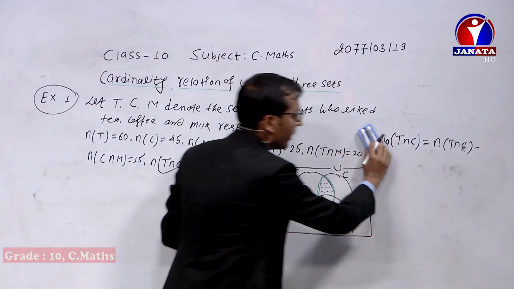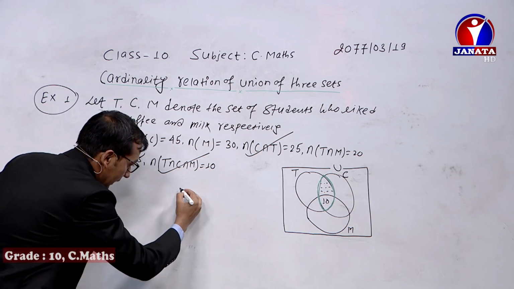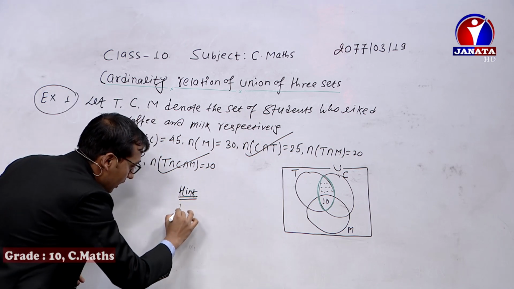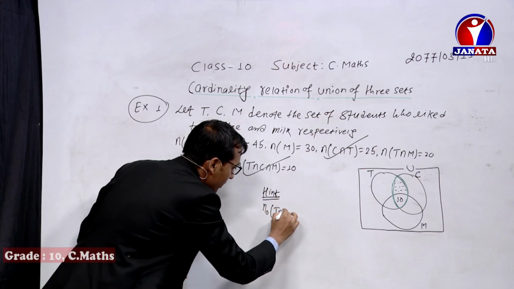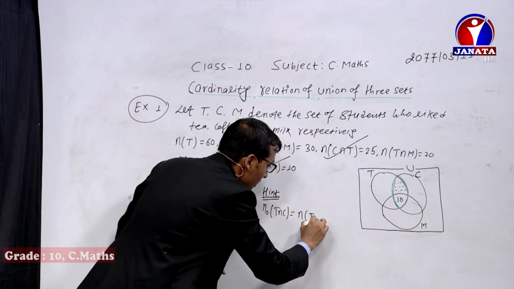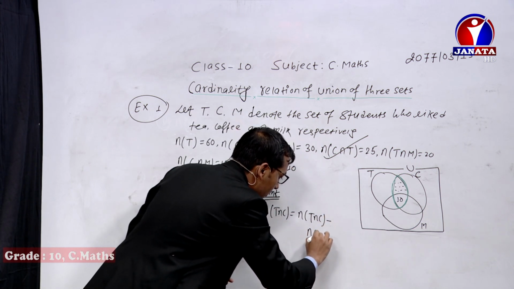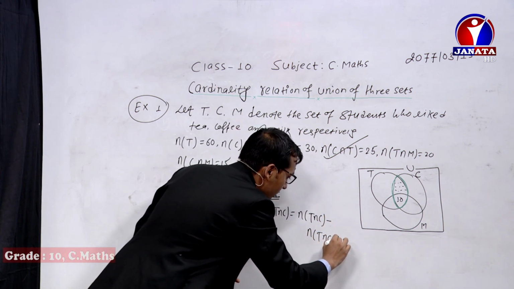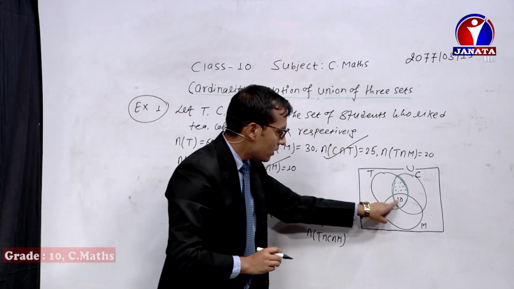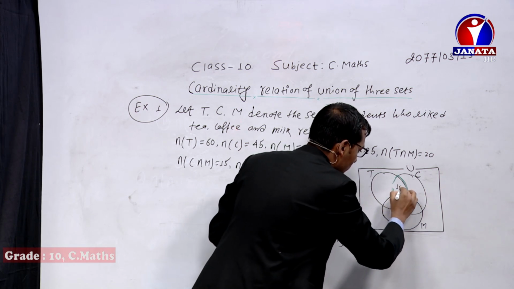Let me write the hint here: n only T intersection C is n of T intersection C minus n of T intersection C intersection M. So 25 minus 10 is 15.